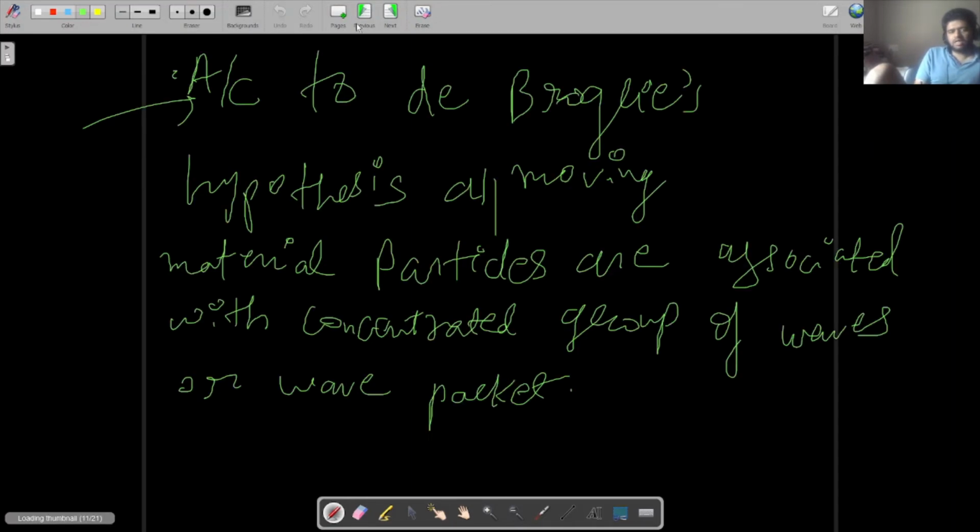It is pictorially represented like this, and it is a concentrated group of waves or wave packet. Concentrated group means these will be very near to each other. So these are going to be very concentrated waves. That's what it says.